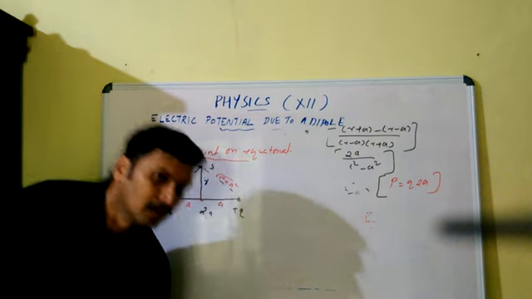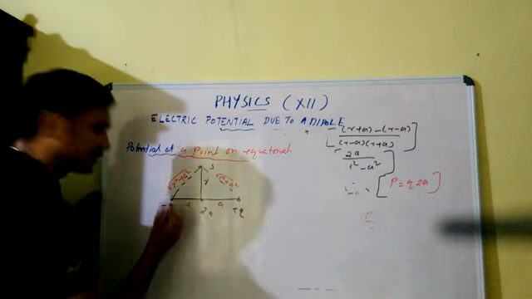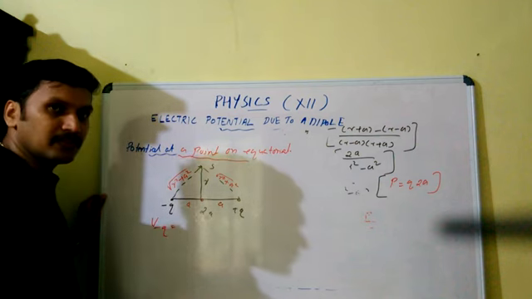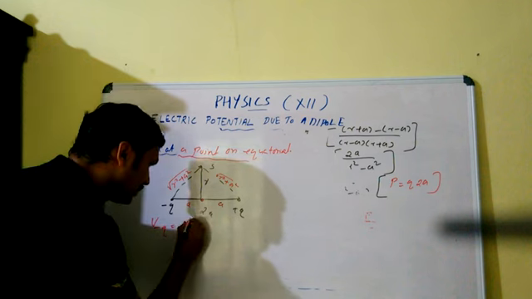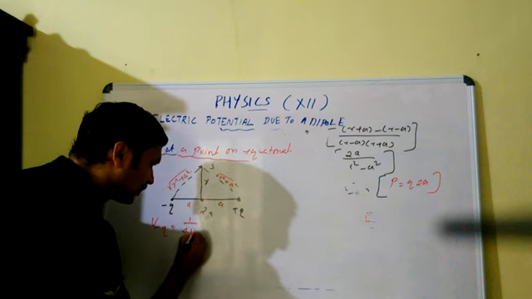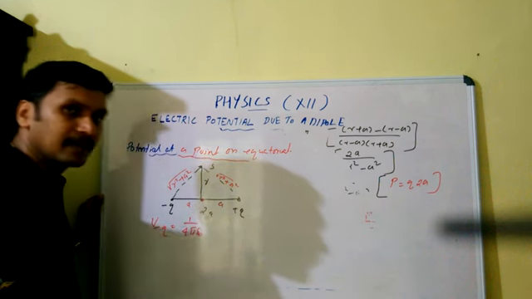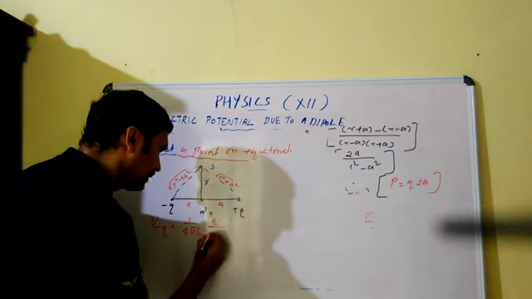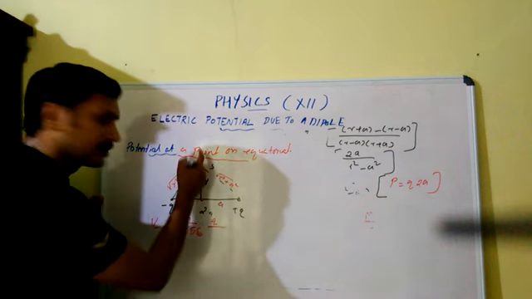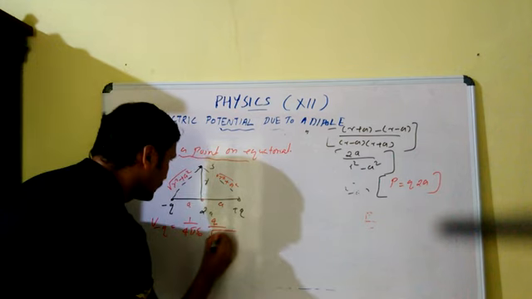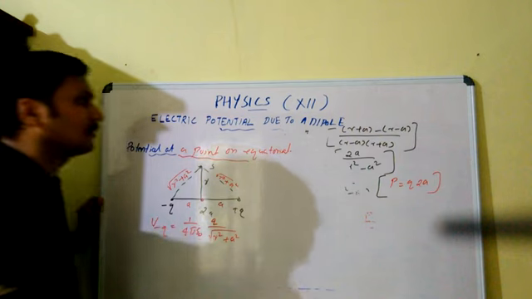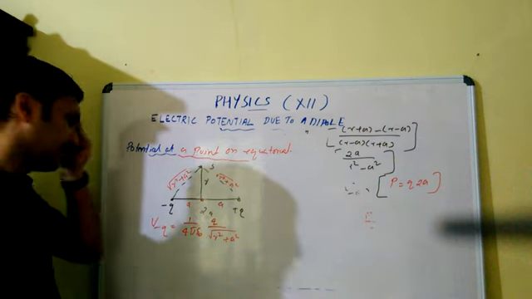Now, potential due to the negative charge. What is the potential due to the negative charge? V minus Q is equal to 1 by 4 pi epsilon 0 into Q by distance. What is the distance? Root of R square plus A square.